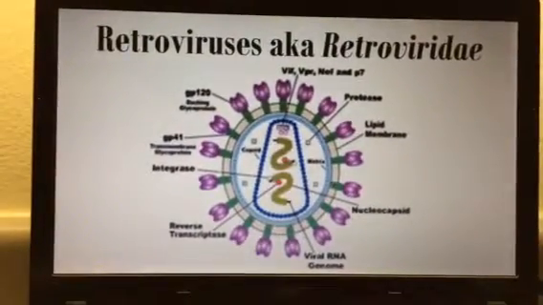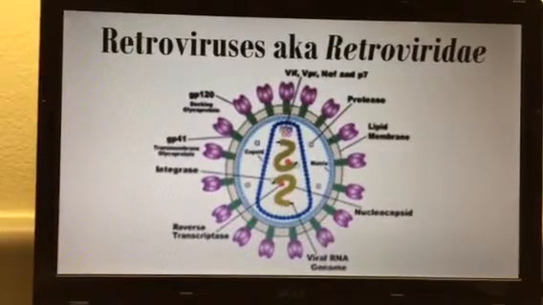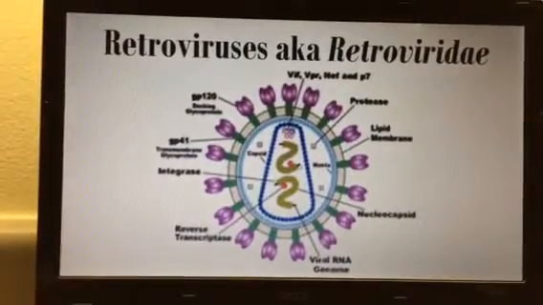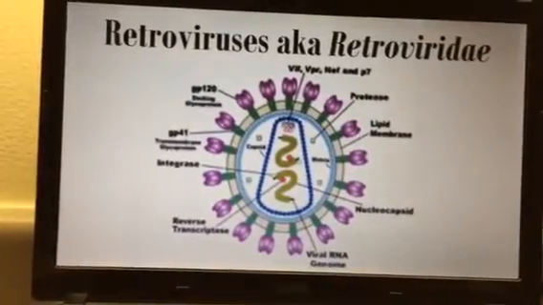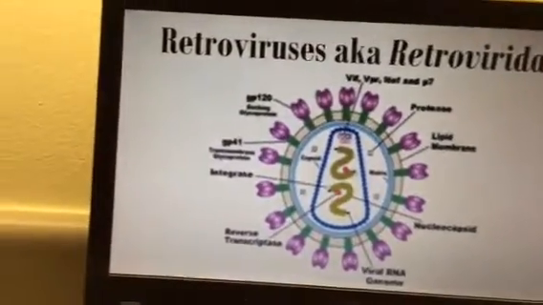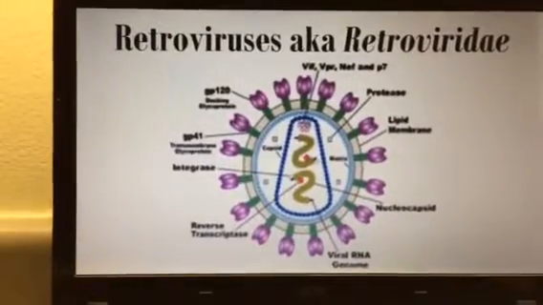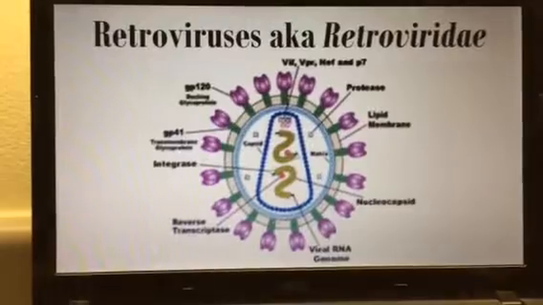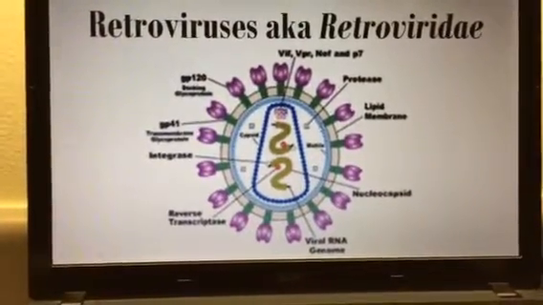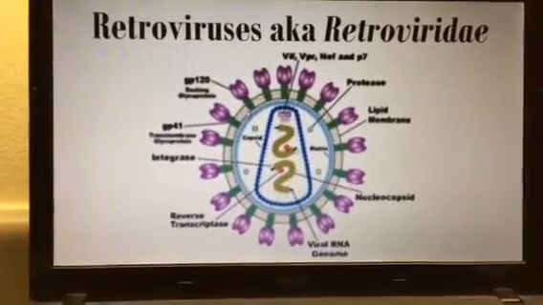So, retroviruses are enveloped single stranded viruses. As you can see here, I don't know if you can see it, but right around here, this is the outer envelope that surrounds the entire retrovirus.